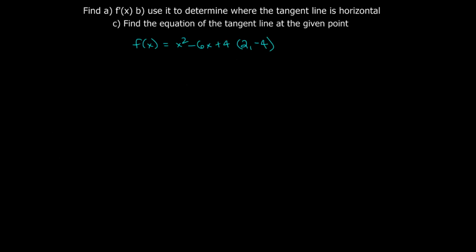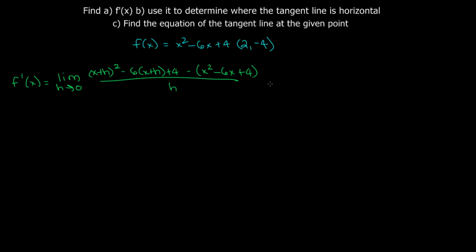Okay, so working through part A first, we know that the derivative, or f prime of x, is just equal to the limit of the difference quotient. So if we just plug this into the difference quotient, we have x plus h squared minus 6 times x plus h plus 4 minus x squared minus 6x plus 4, all over h.